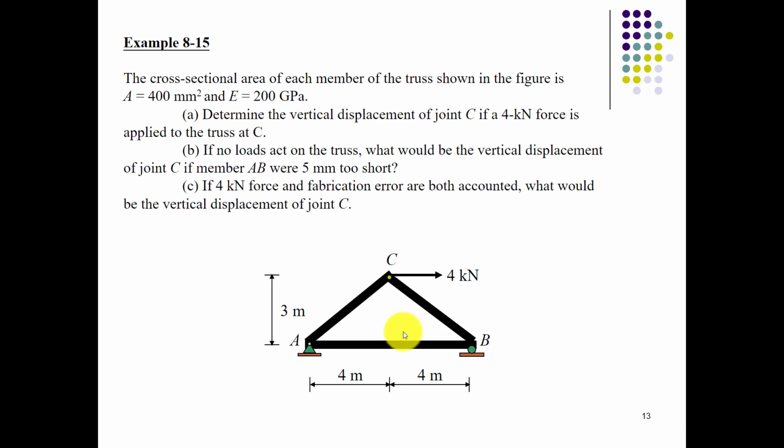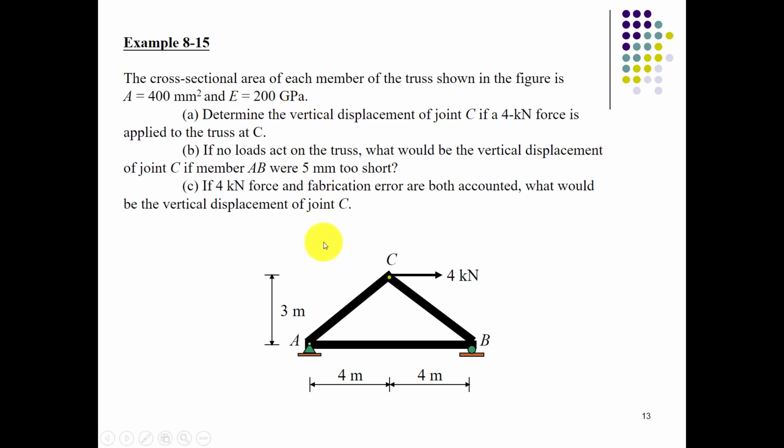Here is an example to calculate the displacement at point C when you have a 4 kilonewton force applied at that point. Here is a basic truss, which has a height of 3 meters and makes an isosceles triangle with a span of 8 meters. So we have the material properties, cross-sectional area and modulus of elasticity, as here.